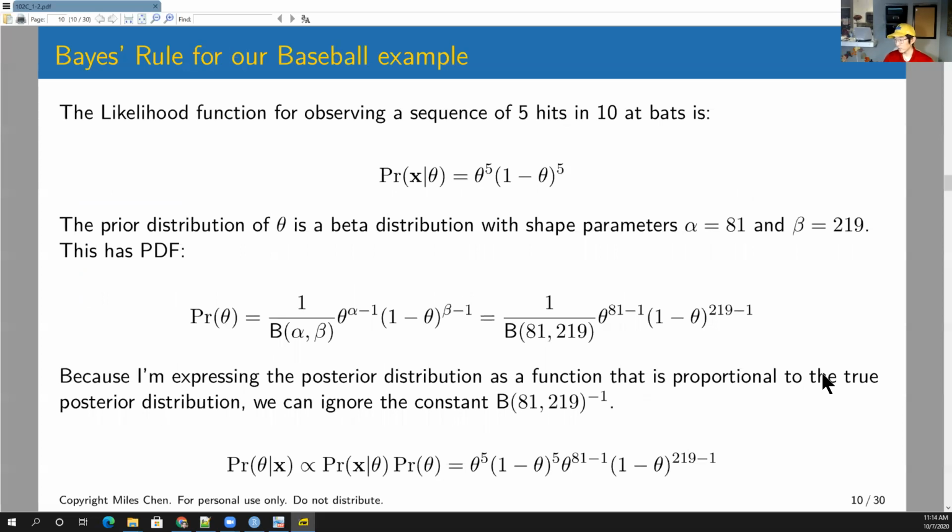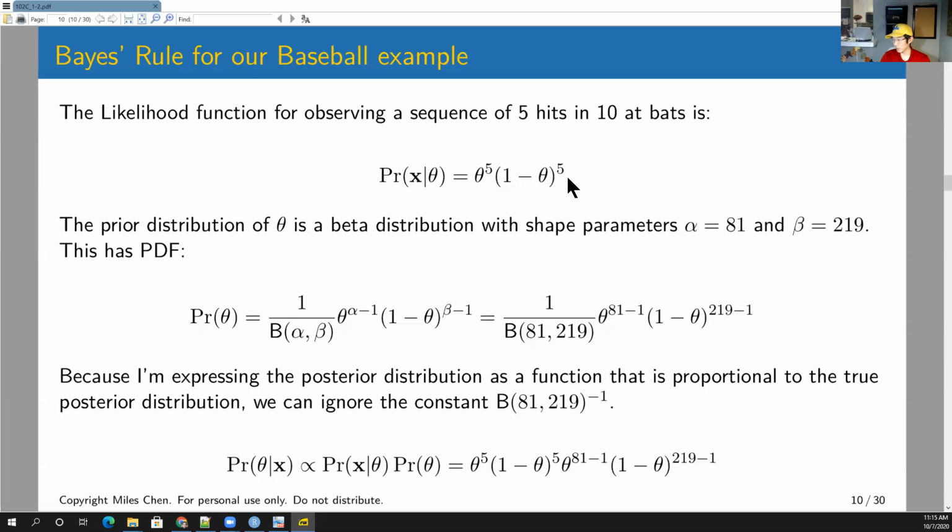All right, so let's go ahead and plug in the values from our example. The likelihood function for observing a sequence of 5 hits in 10 at-bats is theta raised to the 5th times 1 minus theta raised to the 5th.